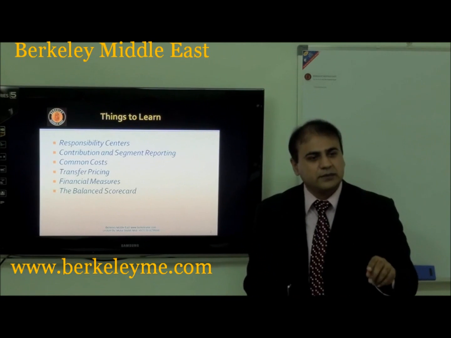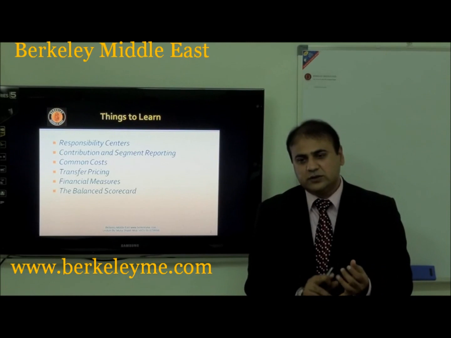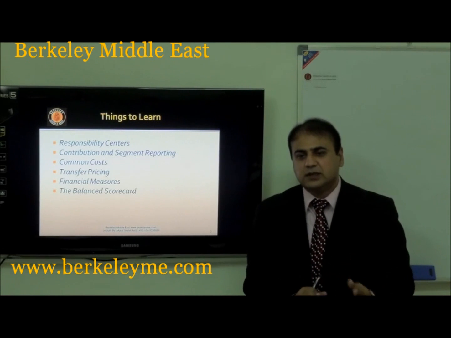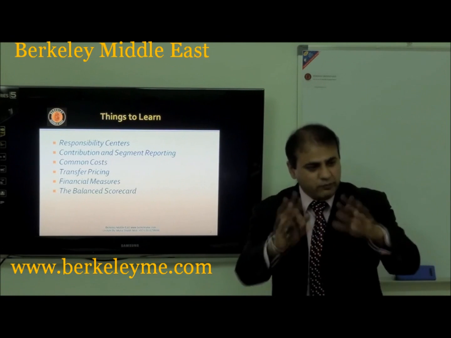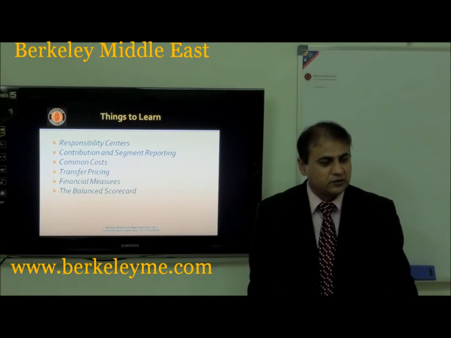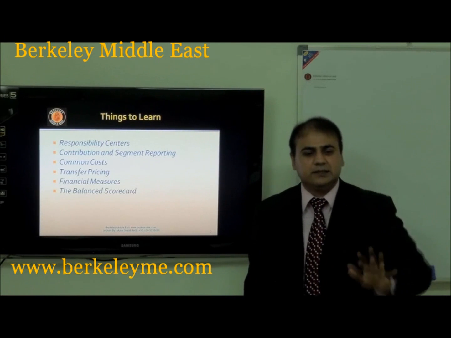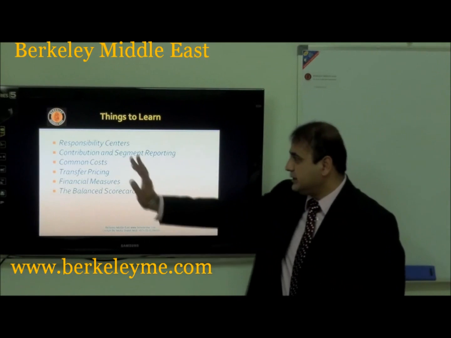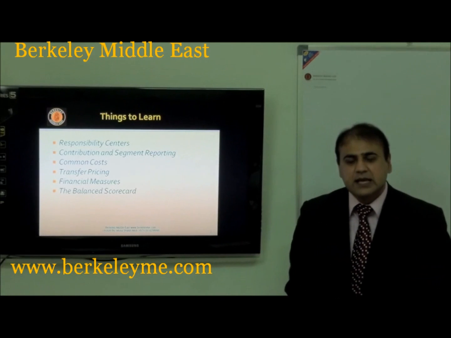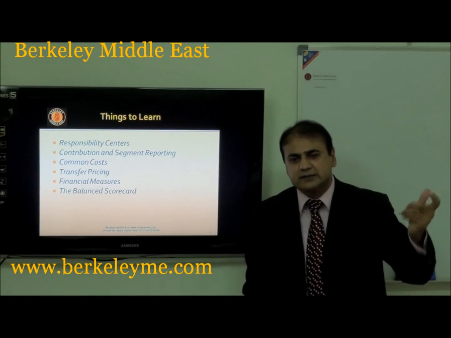Or if you say to him, you are responsible for cost, you are responsible for income, you are responsible for the investment that is required to make your department, so this will be an investment center. So we will discuss the responsibility centers, and this is everywhere now, in the banks also.